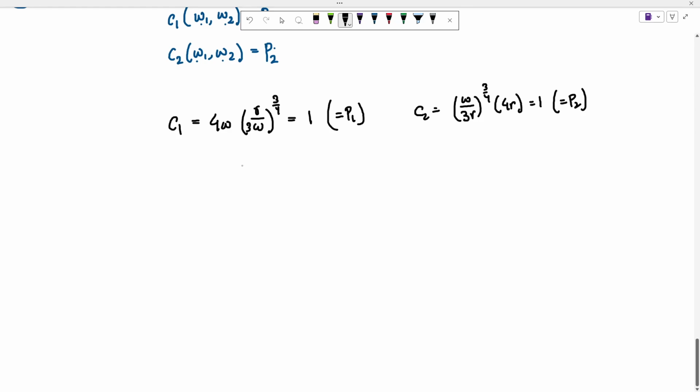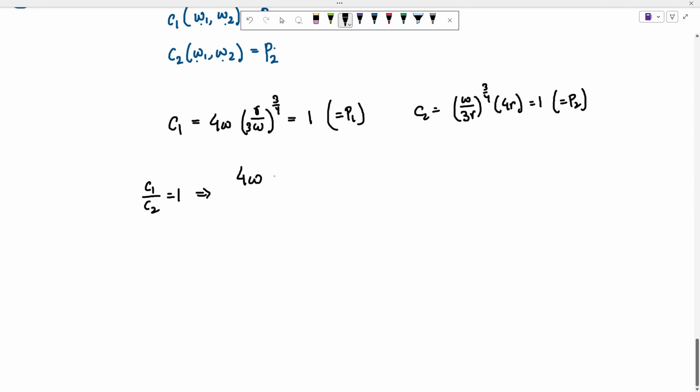Now we have to notice something. I don't know what to notice, but let's consider C1 by C2. What is going to happen if we divide both of these? C1 by C2 is just 1, because 1 by 1. So what is C1?